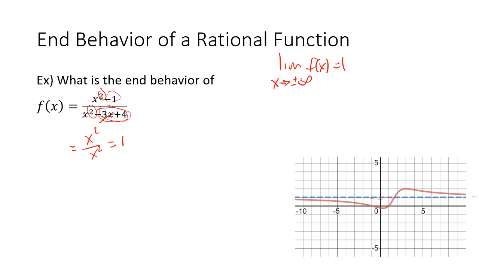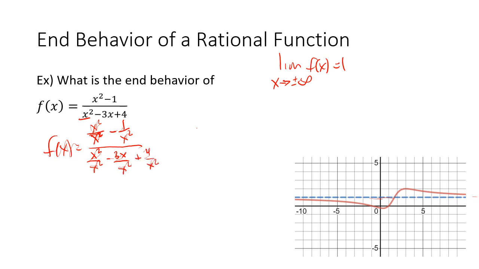There's another way to think of this, and it's a little bit more of a rigorous approach, and this is something you'll learn in calculus. If you look at the highest degree of the denominator, which is x squared, we divide every single term in f of x by x squared. So f of x is equal to x squared over x squared minus 1 over x squared, divided by x squared over x squared minus 3x over x squared plus 4 over x squared.